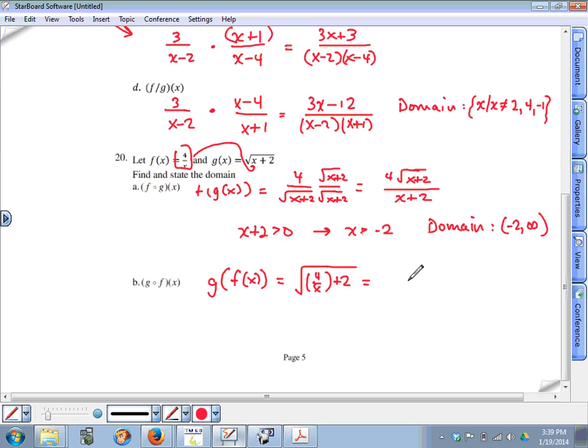Now, if we combine this on the inside, write that as one expression, we can multiply that by x over x. This is 4 plus 2x over x. Now, this is going to have to be rationalized.